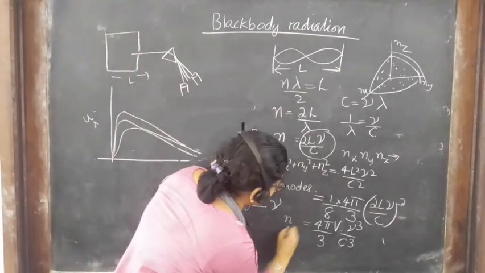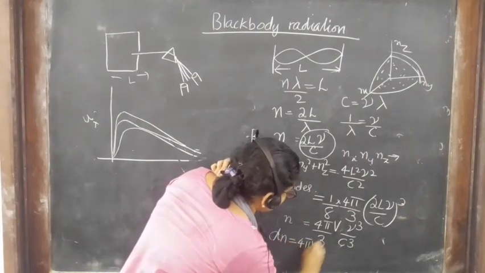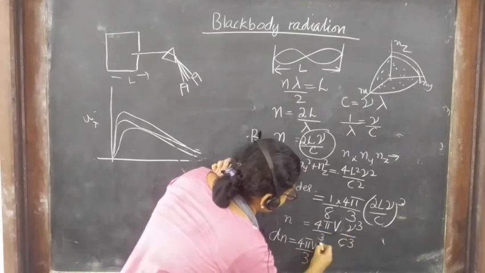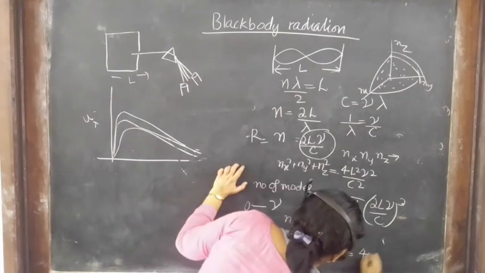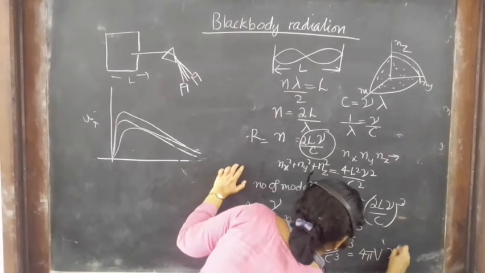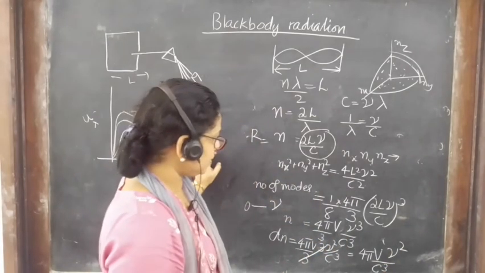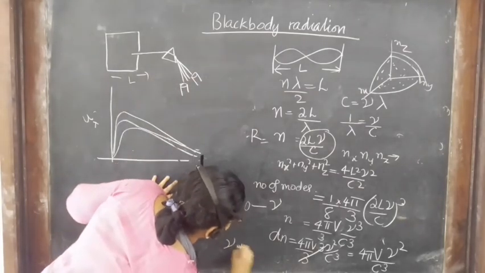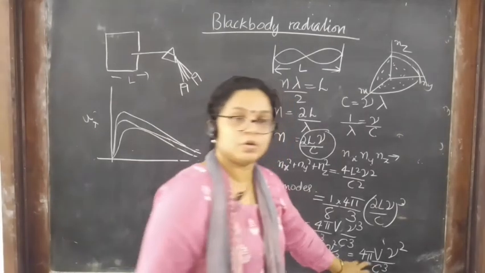So if this is n, dn will be 4 pi l cube by 3, differentiating this, 3 mu square by c cube. So we get 4 pi l cube mu square d mu by c cube. This is the number of modes between mu and mu plus d mu.